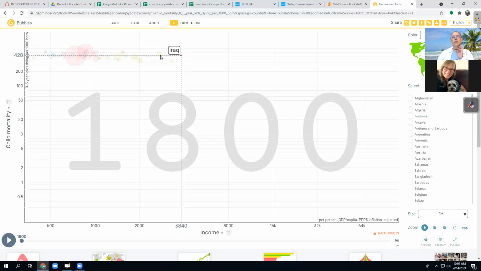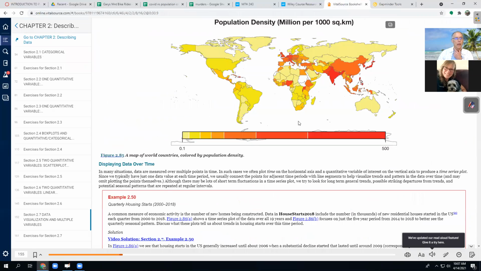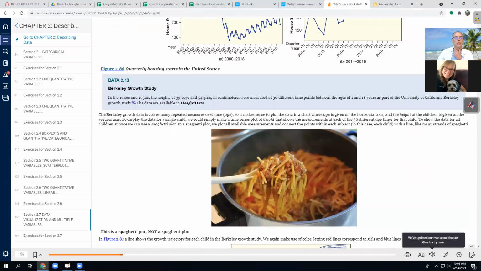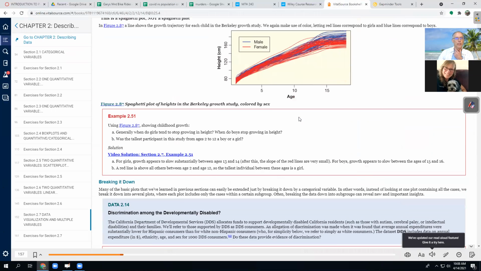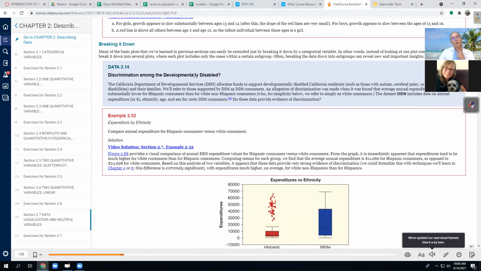Yeah, and while we're in the book, I'm not going to go over this example because the book does such a good job of it, but be sure to check out, not the spaghetti one, oh, that's cute, the discrimination among the developmentally disabled example.